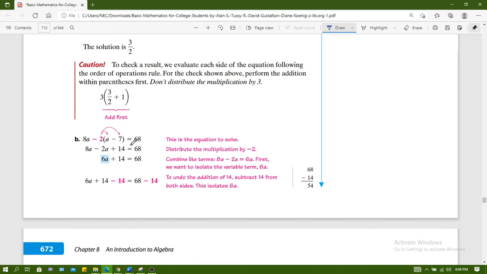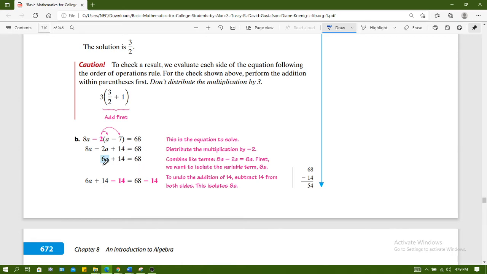Take note, we have a quantity here, and therefore, the numeral from the outside should be multiplied distributively to the values inside the parentheses. So we have 8a minus, distribute this, 2a, and since this is minus and this is minus, subtraction will be changed to addition, and 2 times 7 equals 14, or you could simply say negative 2 times negative 7 is positive 14, equals 68.